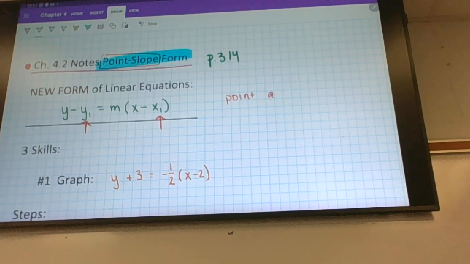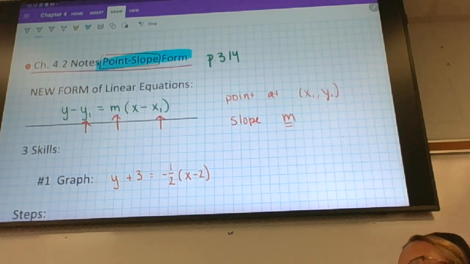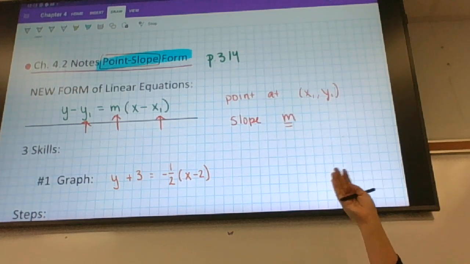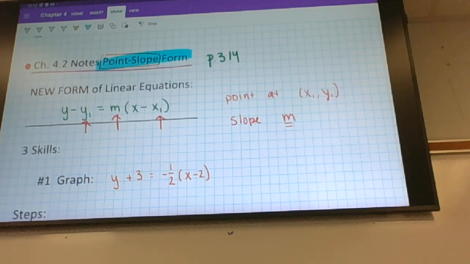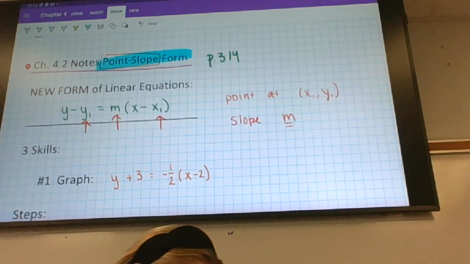There's a point at x1, y1, and what else do you think it shows? It shows a slope. No one ever really lined it up for me like that when I learned it. All of these things are named appropriately. It's called point slope because there's a point and a slope. This one's called slope intercept because it has a slope and an intercept. So they're named to help you understand what information's there.